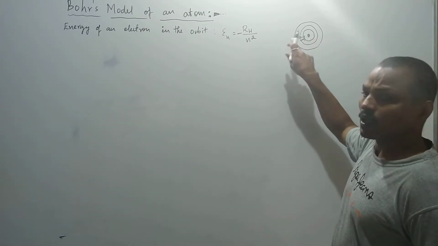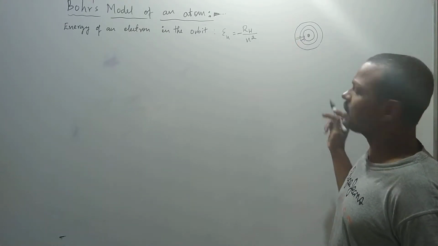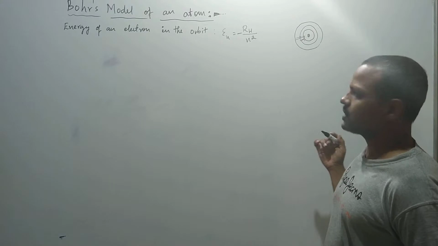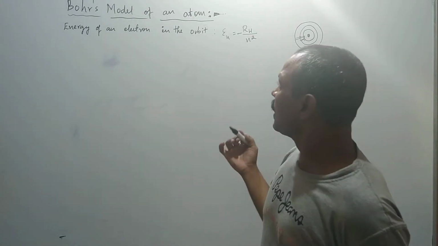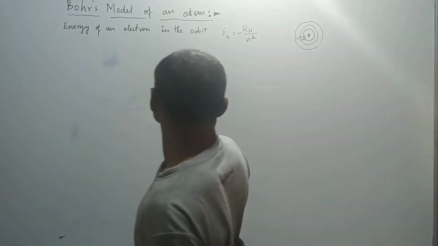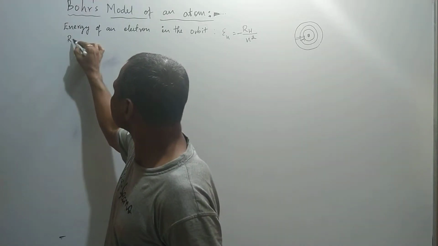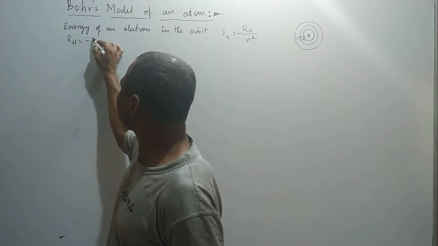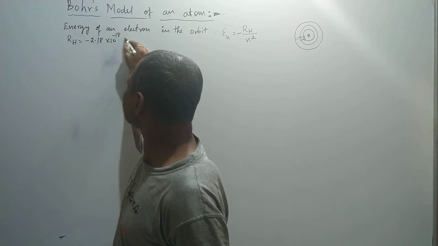When the electron moves from the outer shell to the lower shell, it emits radiation. So because of that, it carries a negative value. Because of that, the Rydberg constant value RH is considered minus 2.18 into 10 to the power minus 18 joules.